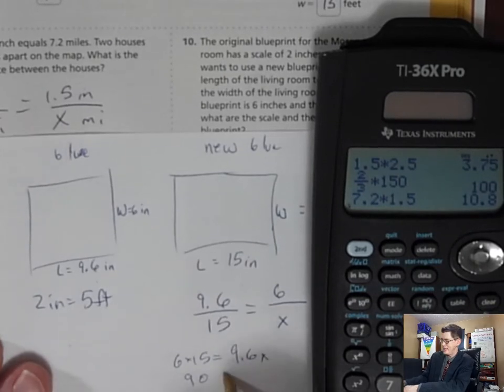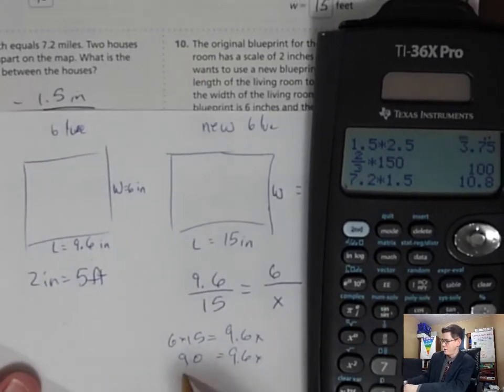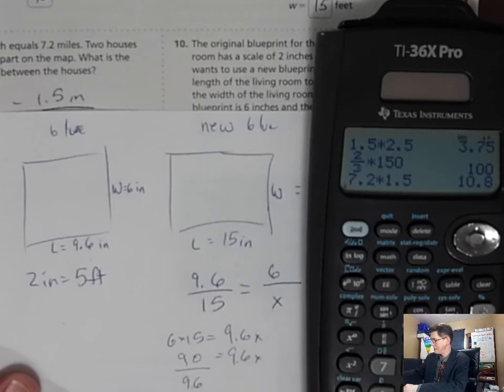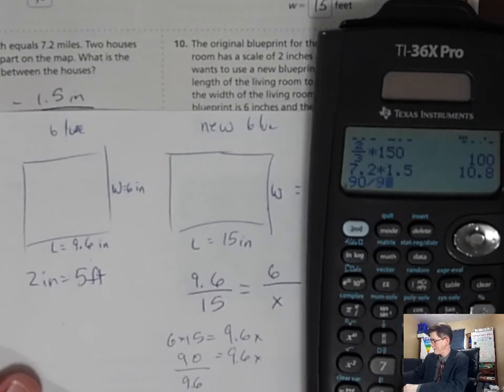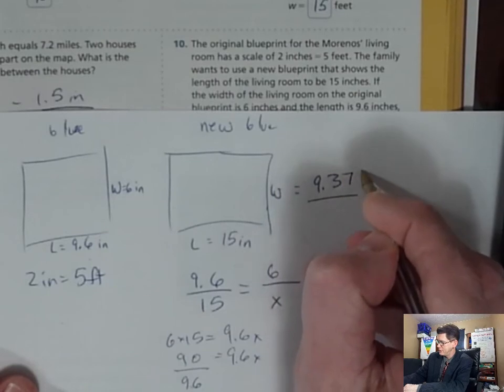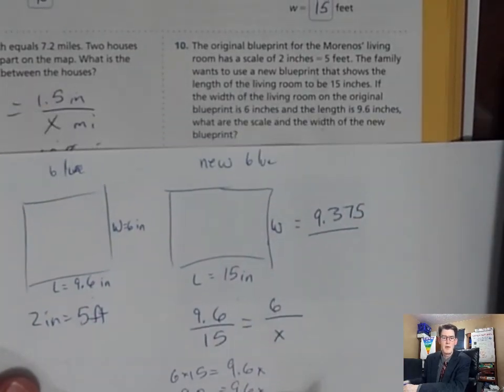So 90 is 9.6x. And we're back to the proportion work from before. What is 90 divided by 9.6? 9.375. That's the new width.